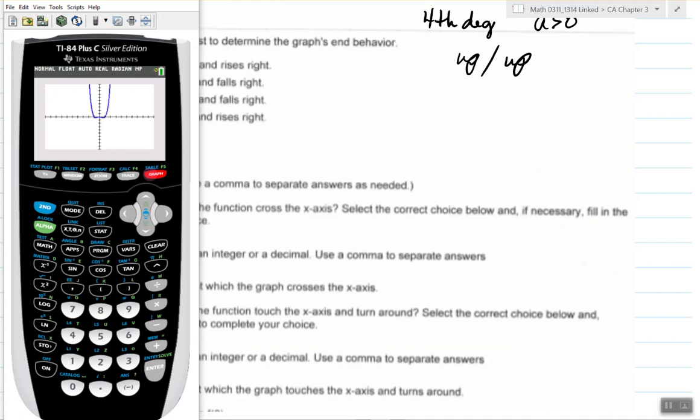All right. It is difficult to see what's happening right here. So I'm going to change my window, and in the x's I'm going to only go from -5 to +5, and I'm going to do the same thing in the y's, -5 to +5.